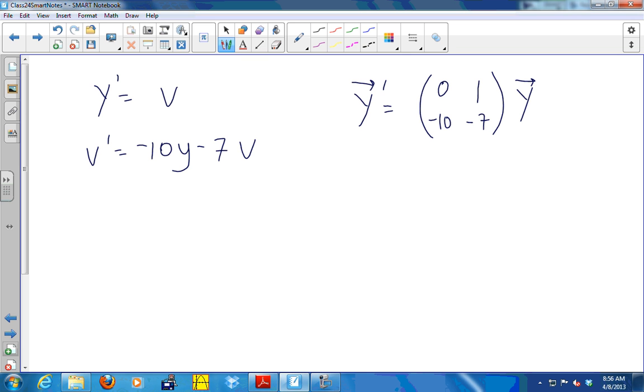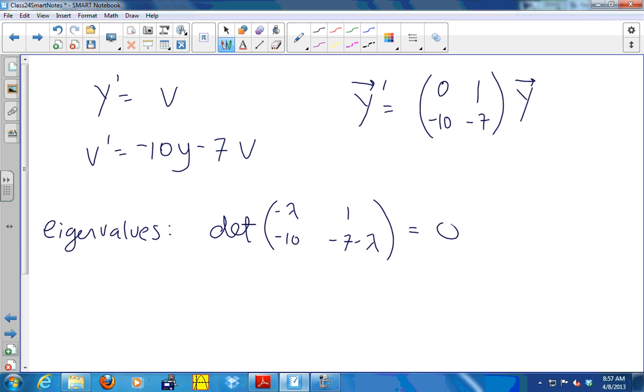Using matrix notation. So the first thing I do is find eigenvalues, and I get them by taking the determinant of A minus lambda I. So eigenvalues: determinant of negative lambda, 1, -10, -7 minus lambda, set that equal to 0.